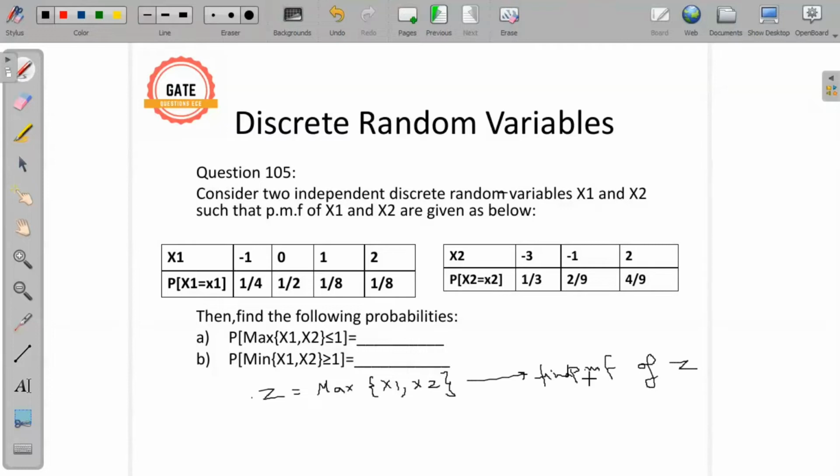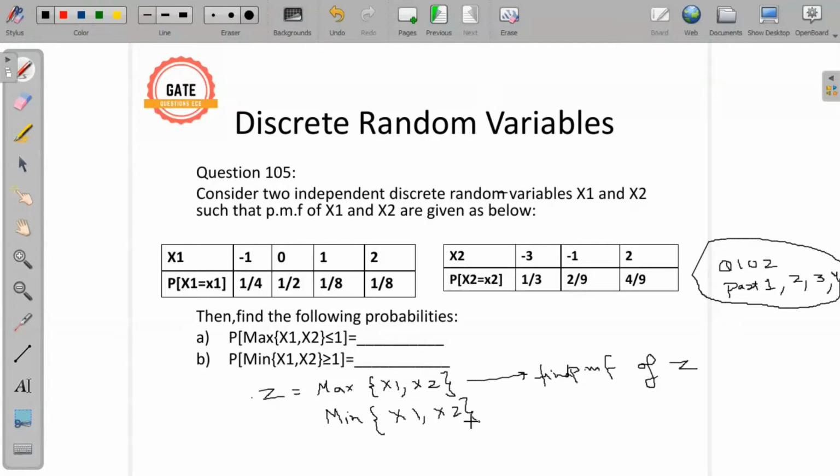To find the PMF of Z, I have already made 4 videos in which I discussed question number 102: part 1, part 2, 3 and part 4. In these I discussed in detail how to find the PMF of Z, where Z is the maximum or minimum function.